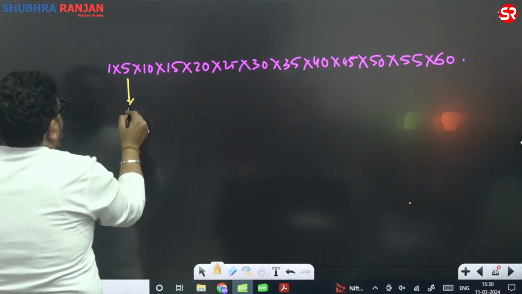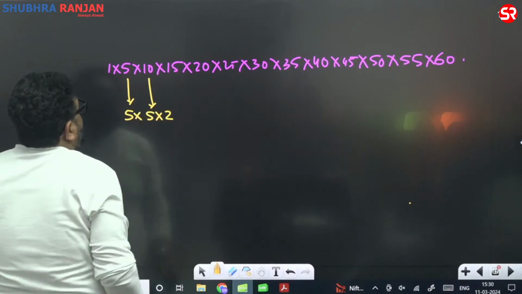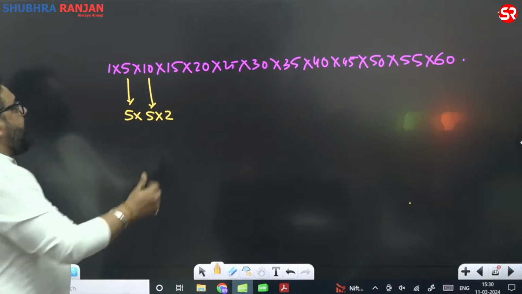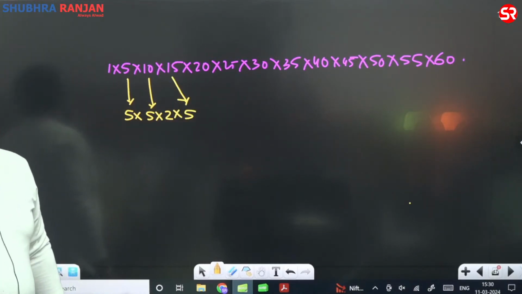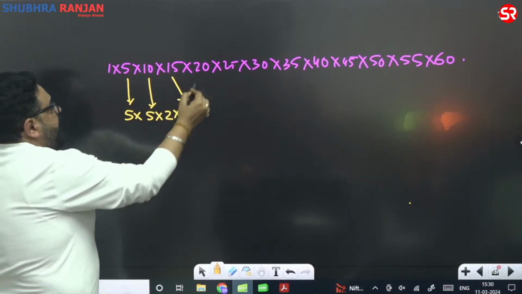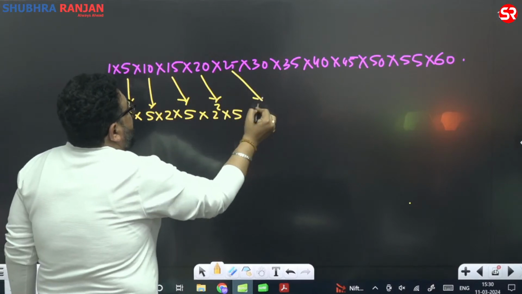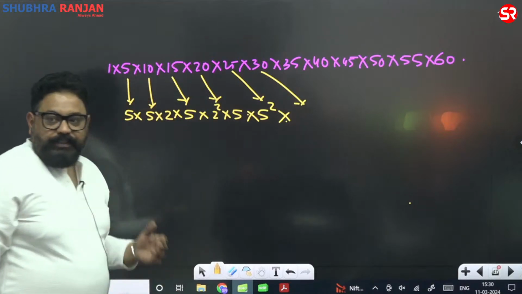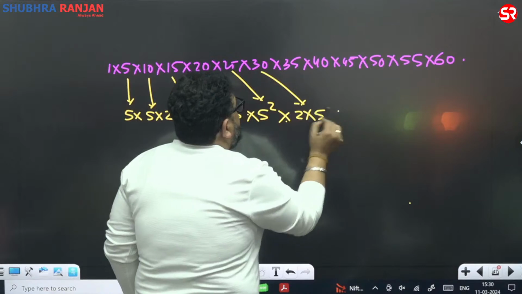A 5 came from here: 5 into 2. I won't bother about anything else, I would only write 5 or I would only write 2, nothing else. Then 15 is 1 into 5, I'm not writing 3, I am not bothered. Then 20 is 2 square into 5, 25 is 5 square, 30 is 6 into 5, 6 would give you 2 to the power 1, and 5.